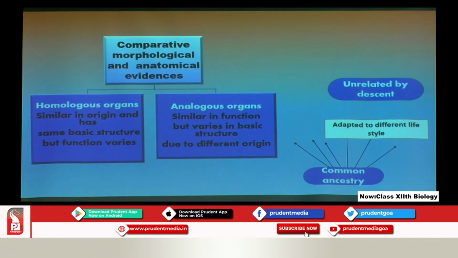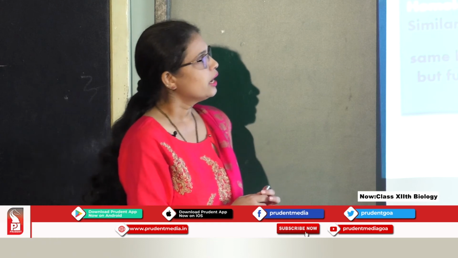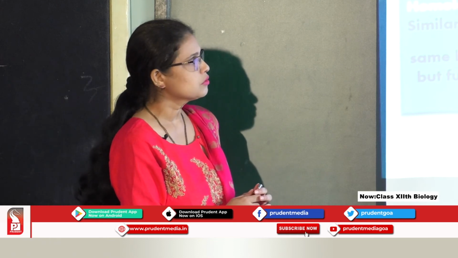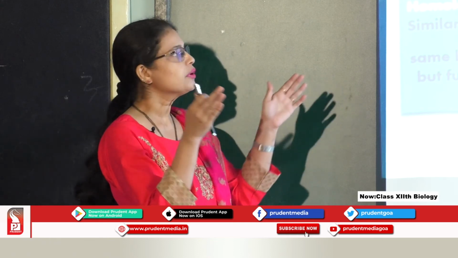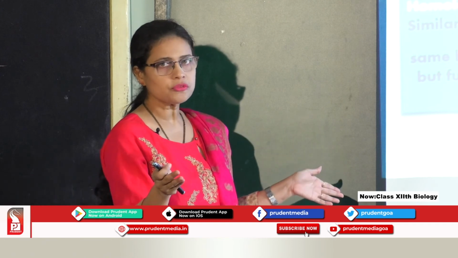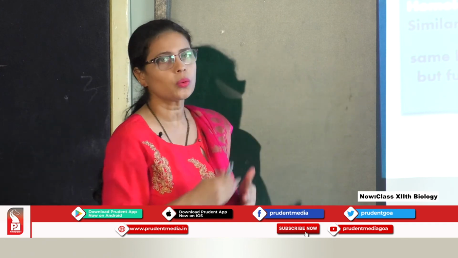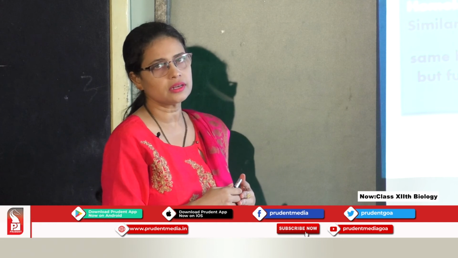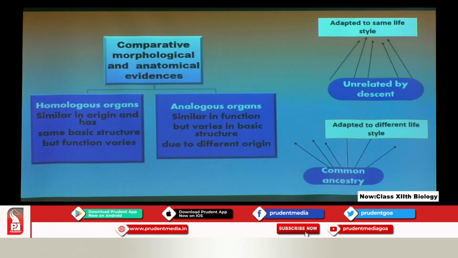Okay. So what about the analogous organs? Analogous organs, if you look at the arrows, started from different unrelated groups, but all of them are showing the same kind of lifestyle. So homologous organs, as I said, indicate common ancestry. I can also call it divergent evolution.